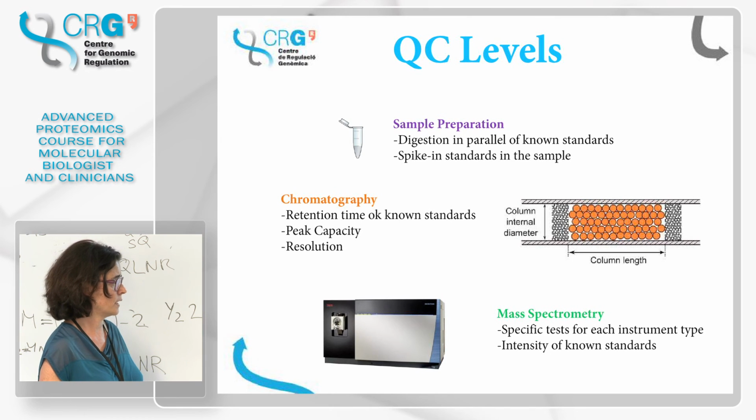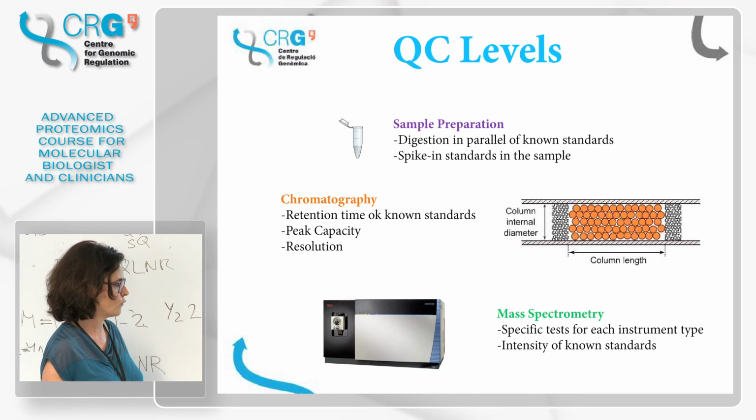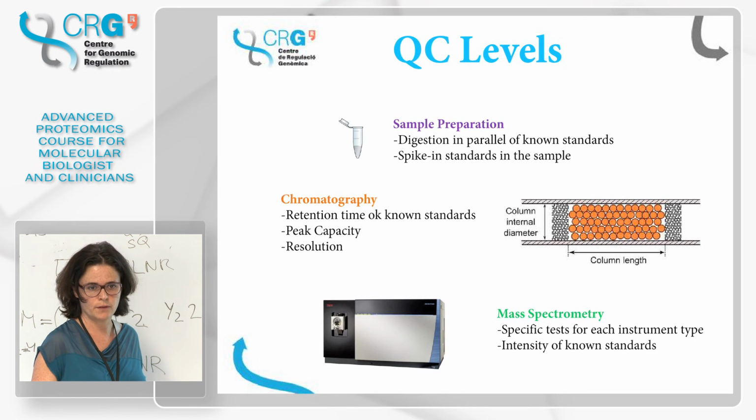For that, we can use standards for which we know the retention time and the intensity that they should have, and the resolution and different parameters that we can measure to be sure that our chromatography is working. And of course, we need to monitor our instruments. This can be done with specific tests for each instrument type, and also with standards, measuring the intensity of different standards that we know very well, and we know what results we have to get.